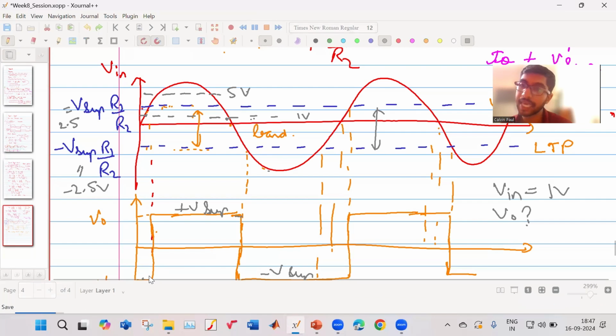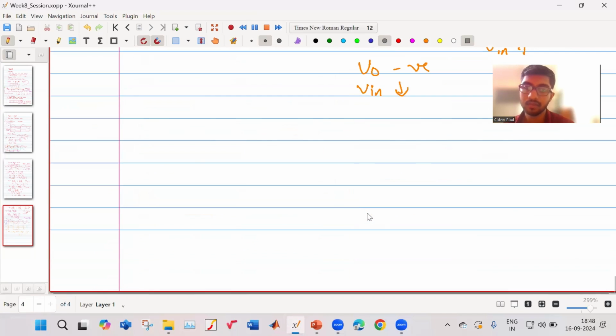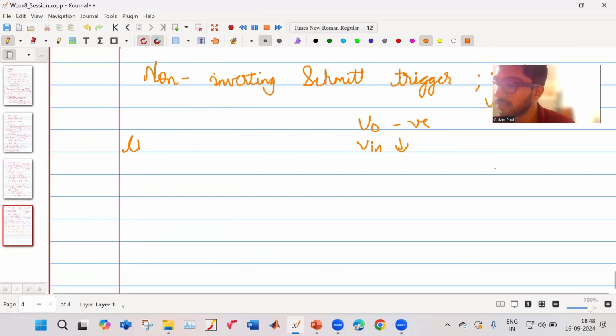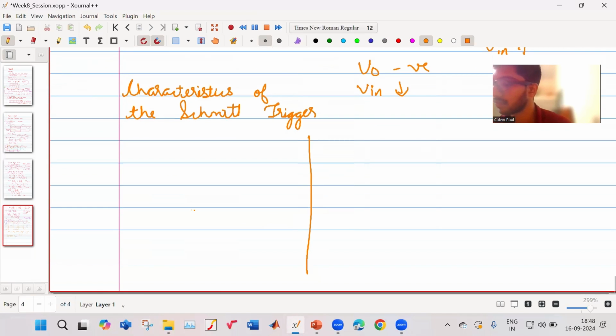So let us draw the characteristics of the Schmitt trigger. This is my input. This is my output.